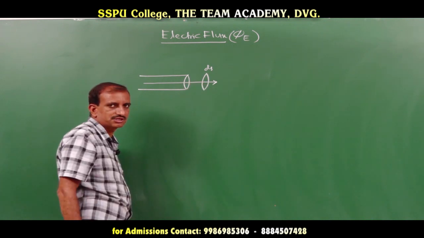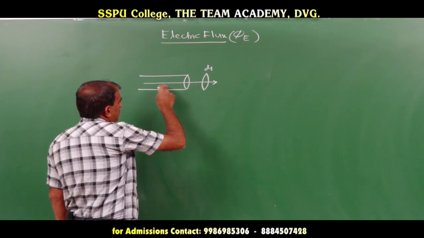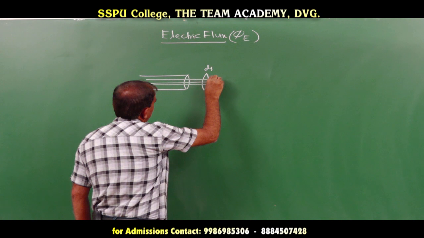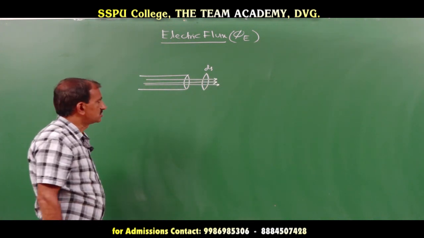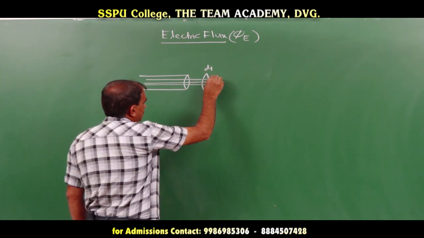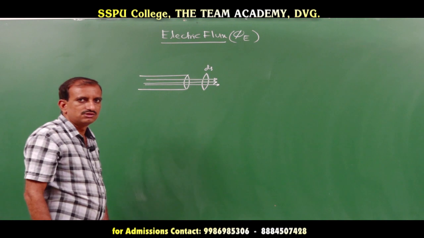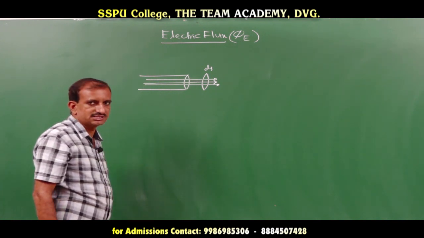The water flowing through the surface area ds is maximum, and hence the flux of water through the surface area ds will be maximum.